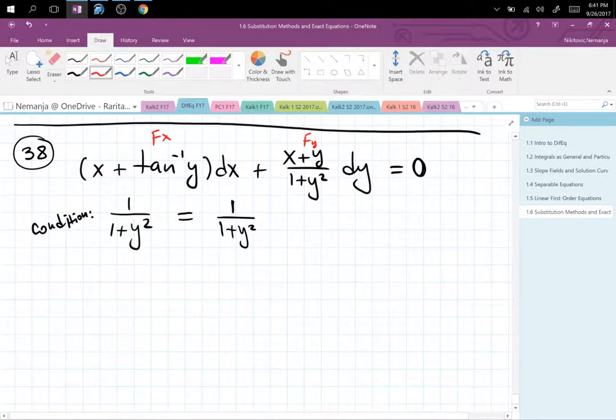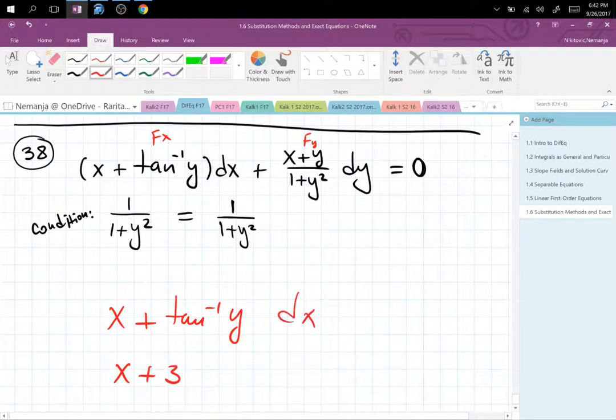The answer is, of course, yes, it's easy. I have inverse tangent, but it's inverse tangent of y. So the integral of that is just inverse tangent of y times x, because the whole thing is a constant. Whether you have x plus tangent inverse of y, or you have x plus 3, if you're integrating dx, it's completely the same thing.